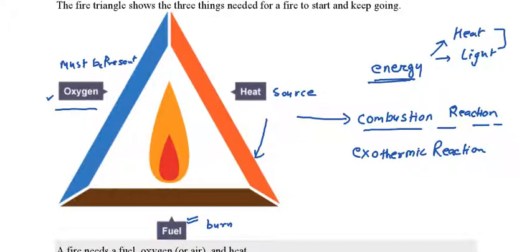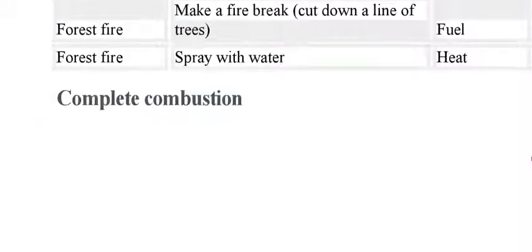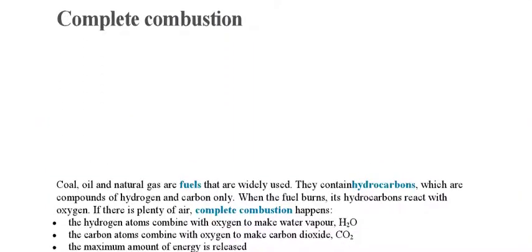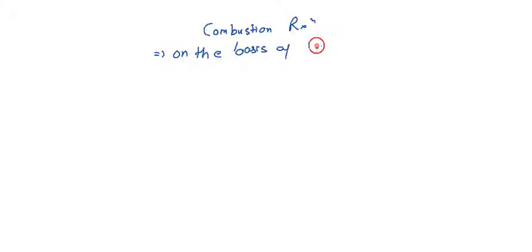Now we'll discuss the types of combustion reactions. On the basis of performance, combustion reactions are divided into two parts, or you can say on the basis of the availability of oxygen in the atmosphere.